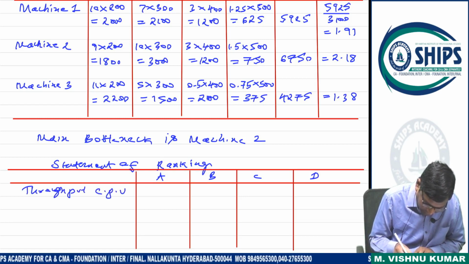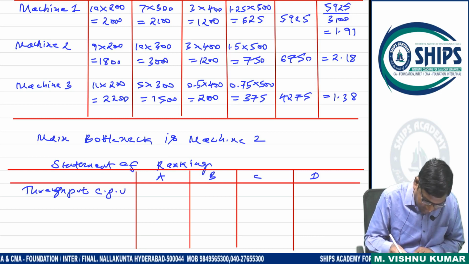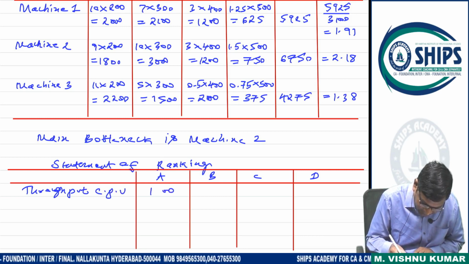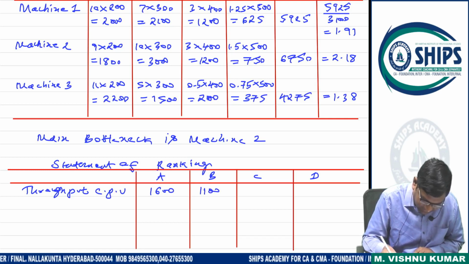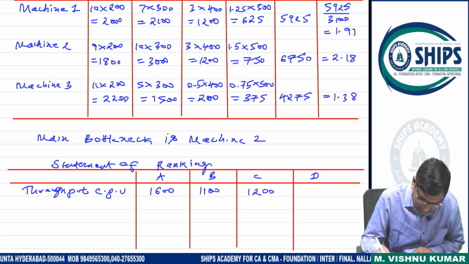Now throughput contribution per unit: 1600, 1100, 1200, 700.